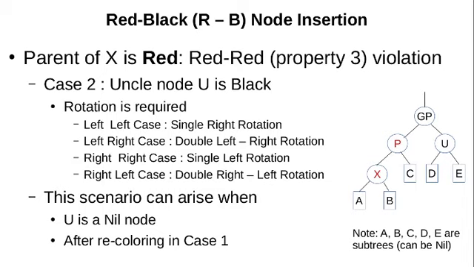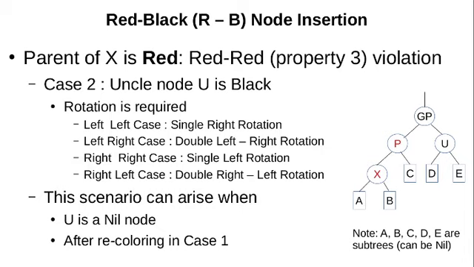The immediate question is, which rotation should we carry out? As we know, there are 4 types of rotations. When P is a left child of GP and X is the left child of P, it is a left-left case and a single right rotation at GP should be carried out.